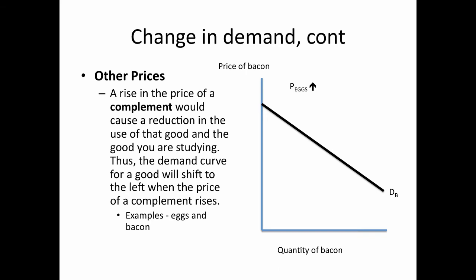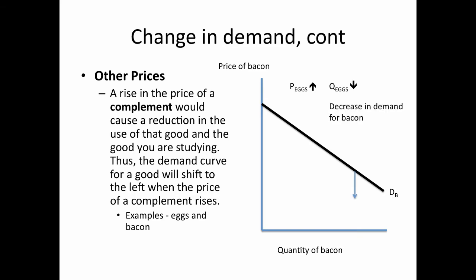Let's suppose the price of eggs goes up. Well, we know from the law of demand that when the price of eggs goes up, you're going to have a movement along the demand curve for eggs such that the quantity demanded for eggs goes down. Now, what will happen here is that people are consuming fewer eggs. But because eggs and bacon tend to be complements with one another, the reduction in the quantity demanded of eggs means that there's also going to be a reduction or a decrease in demand for bacon.